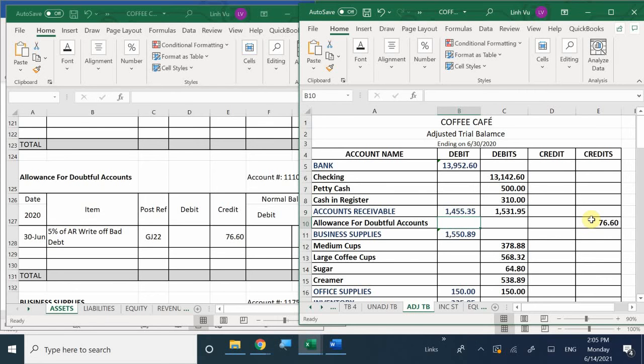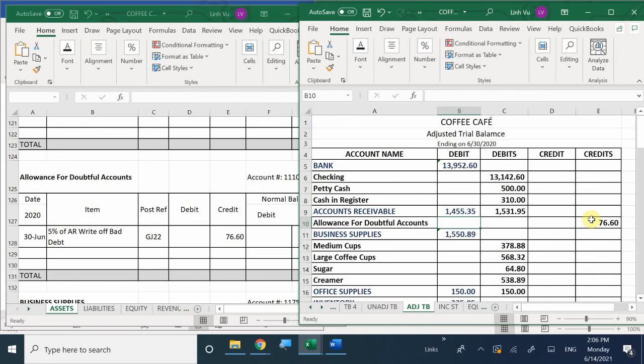If you guys remember, the way that we organized it is that the blue column is my main accounts, while the black columns are every single account that exists in the book. So in this case, I noted that I have for allowance for doubtful accounts 76.60.